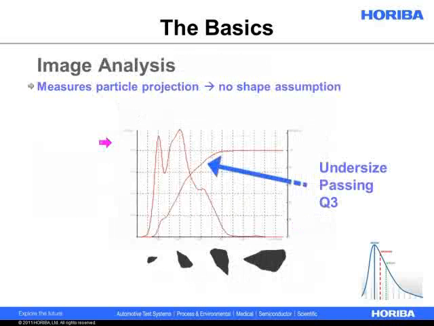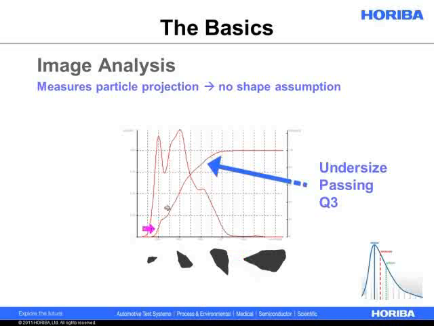Image analysis measures the particle projection, so literally shadows on a screen. It doesn't make any assumption by shape, or if it does, it's minor, and nothing as extravagant as assuming everything's a hard sphere. And the advantage is, of course, that depending on how you define the size parameters you want to look at, you can get a little bit more accurate data.